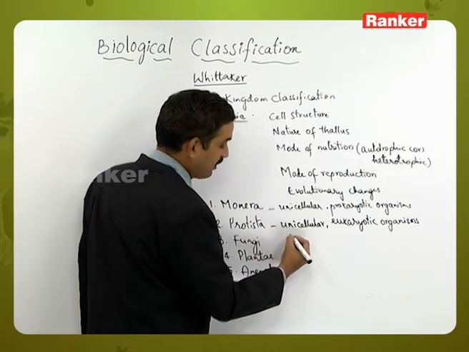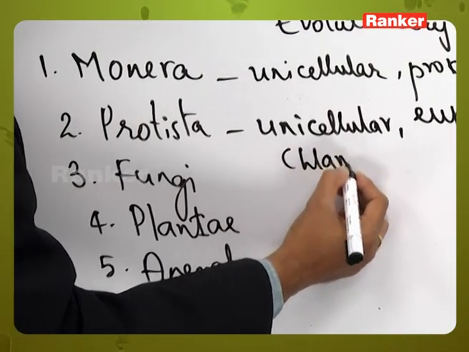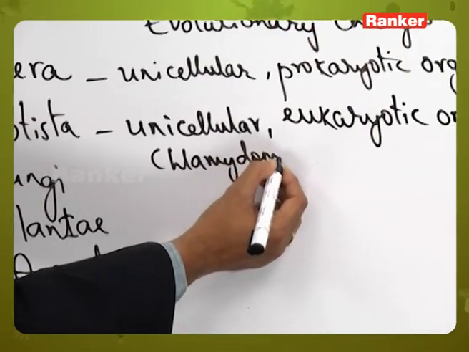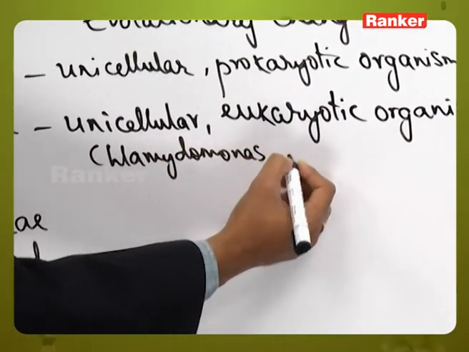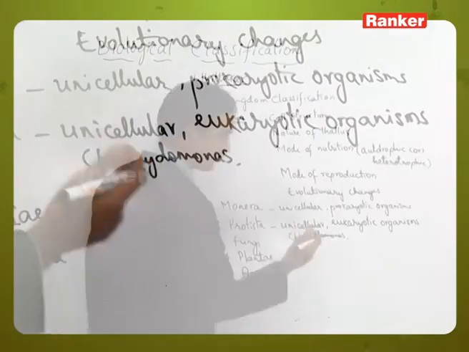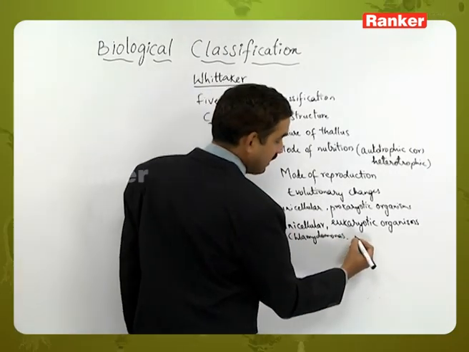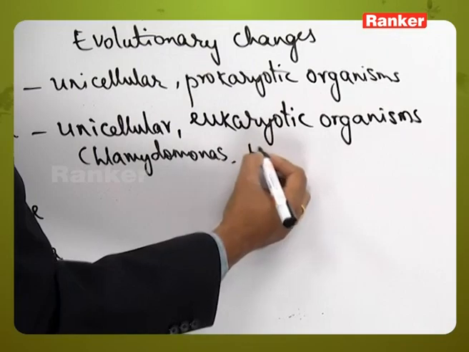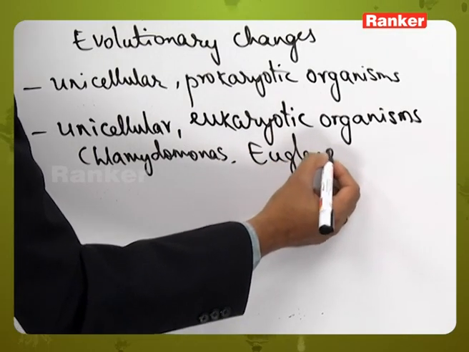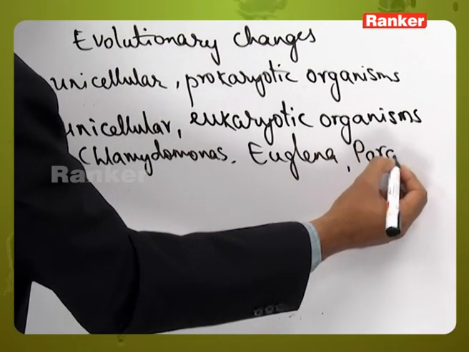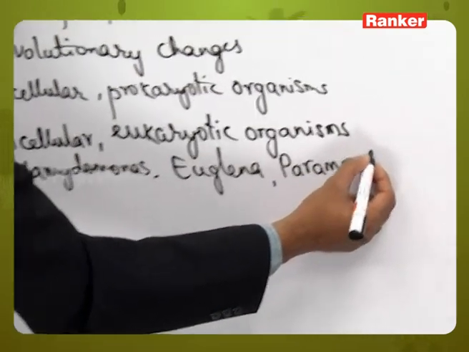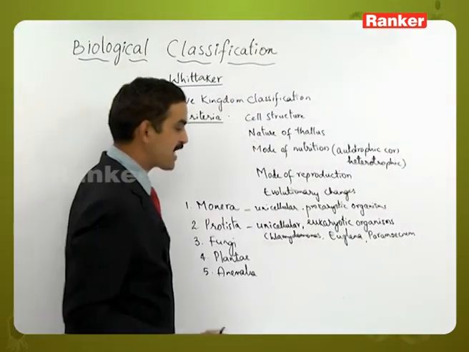For example, Chlamydomonas is one, which is a part of Plantae in the 2 kingdom classification, and Euglena is one which is an animal. Paramecium is also an animal which is unicellular and eukaryotic in nature.